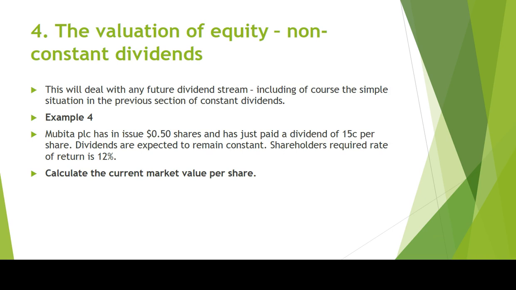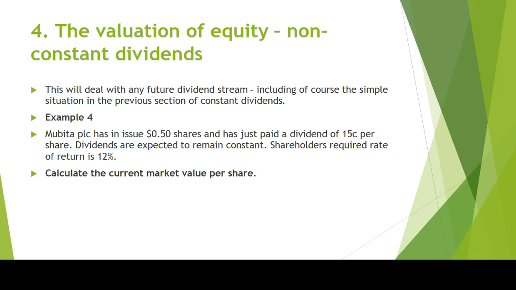This model deals with non-constant dividends, whether they go up or down, and will deal with any future dividend stream, including the simple situation in the previous section of constant dividends.